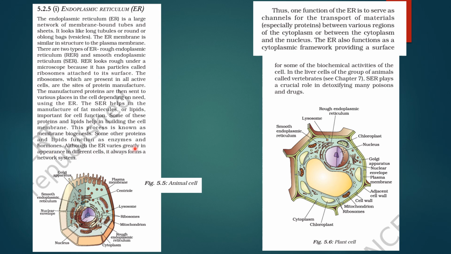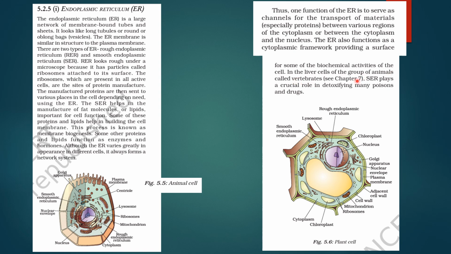So ER can vary greatly in appearance in different cells, but it always forms a network system. So a function of ER is to serve as channels for the transport of materials like proteins, okay, between various regions of the cytoplasm or between cytoplasm and nucleus. And ER also functions as cytoplasmic framework, providing a surface for some of the biochemical activities of the cell.